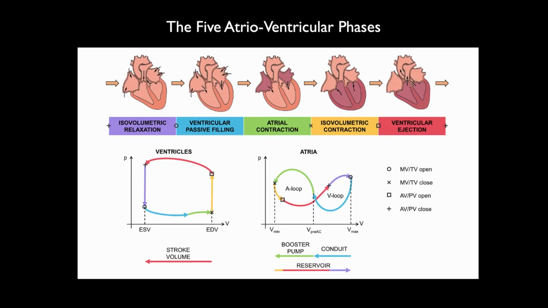You see here the arrows describe the direction of the blood from the right part to the left part. So what you see on the left is what doctors call the right heart, because it's on the right of our chest. So we have the isovolumetric relaxation, the ventricular filling, the atrial contraction, the isovolumetric contraction, and the ventricular ejection.